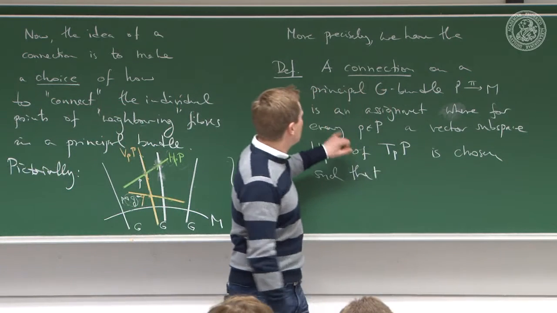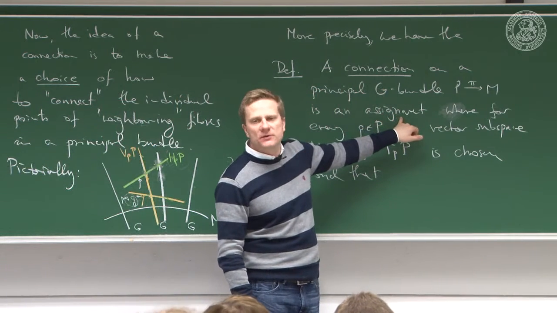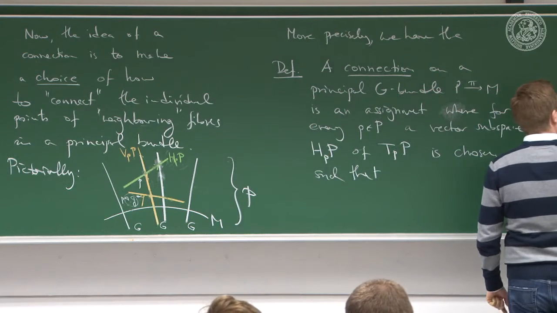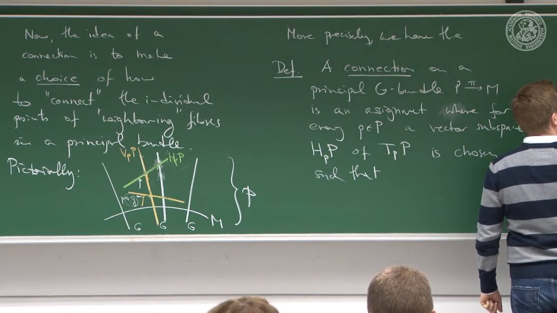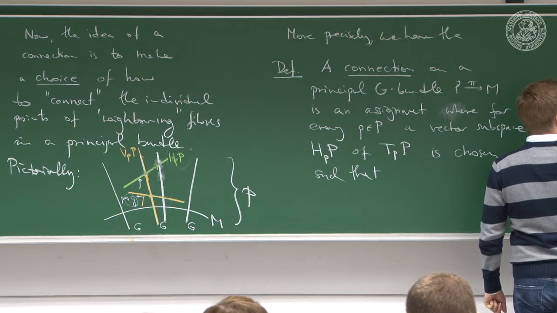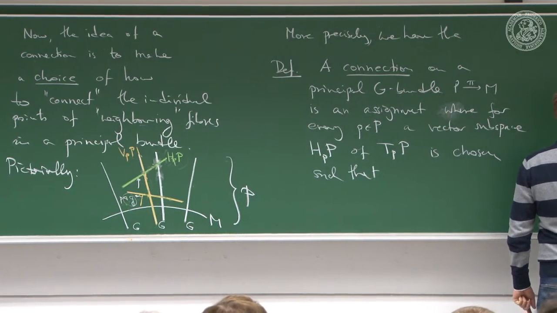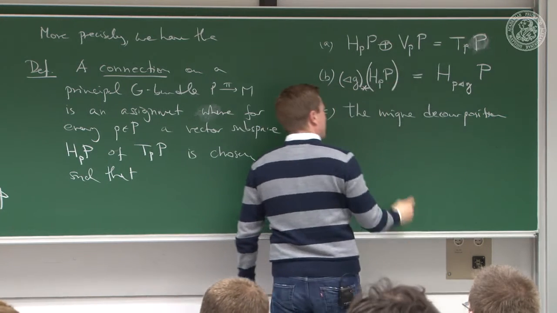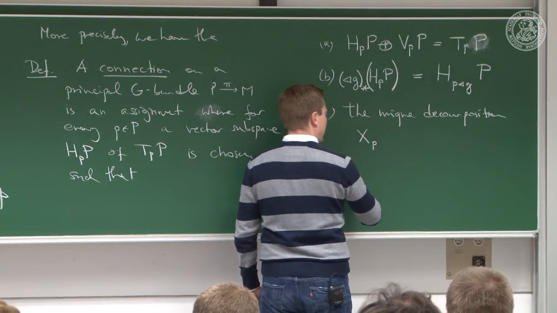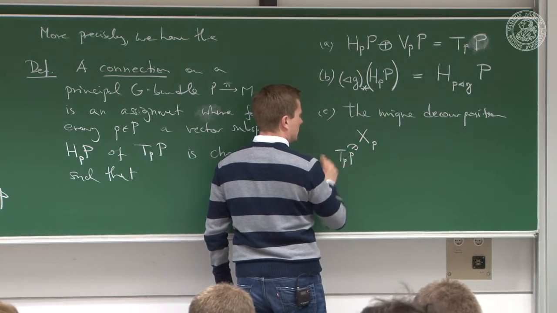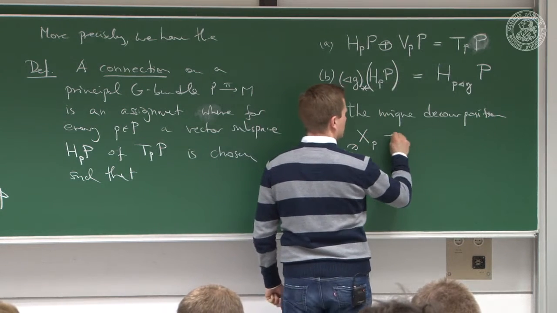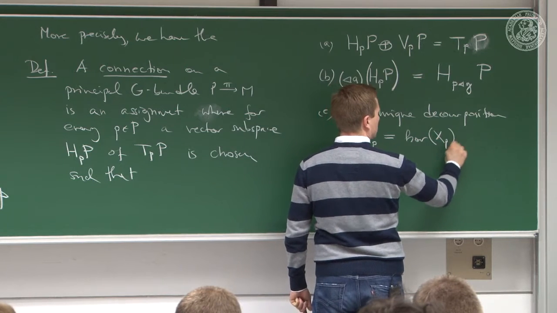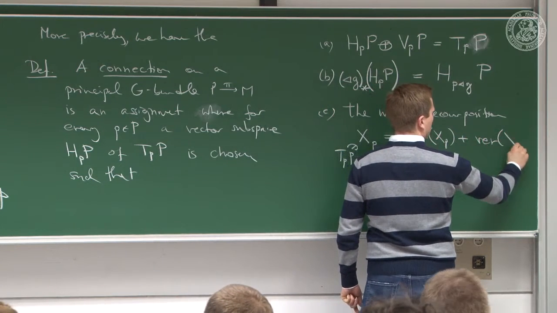Now, normally I would have said it's a smooth distribution. But so we said it's an assignment, and it's smooth in the sense that the unique decomposition which decomposes every vector that lies in the tangent bundle, in the tangent space at some point, decomposes this into a so-called horizontal part plus a vertical part.